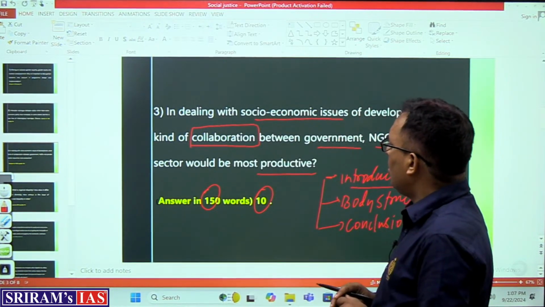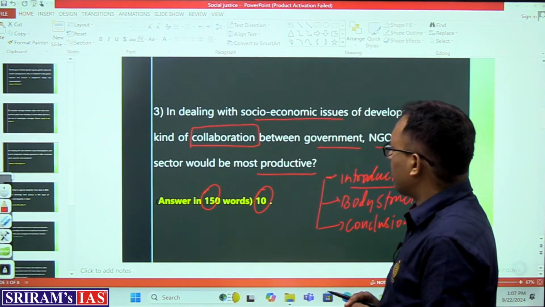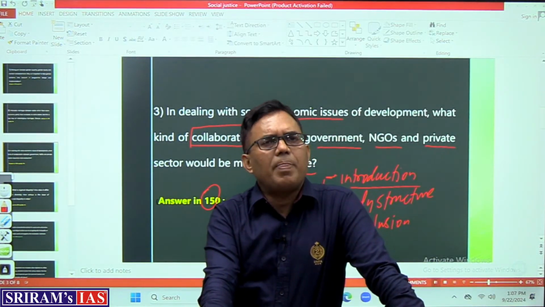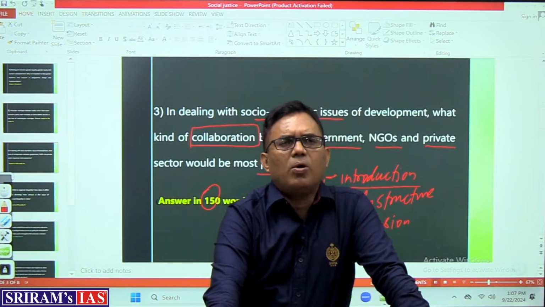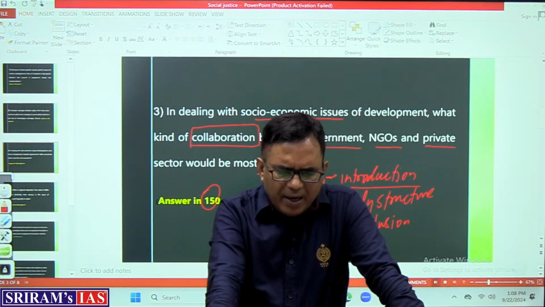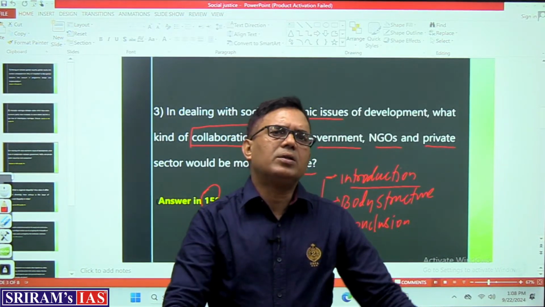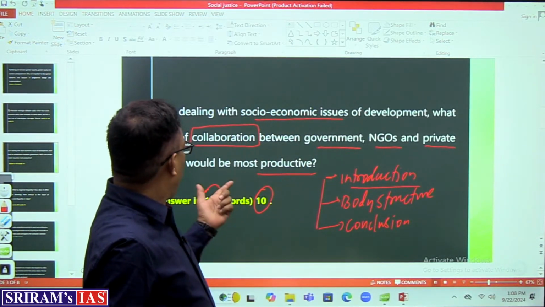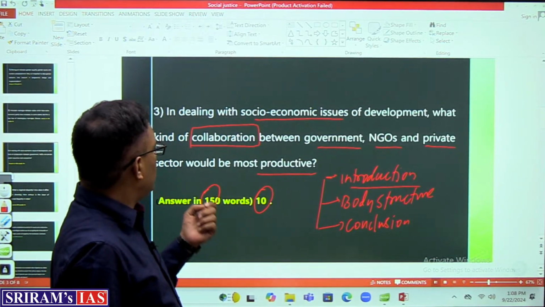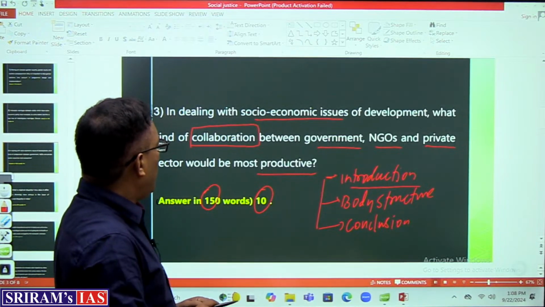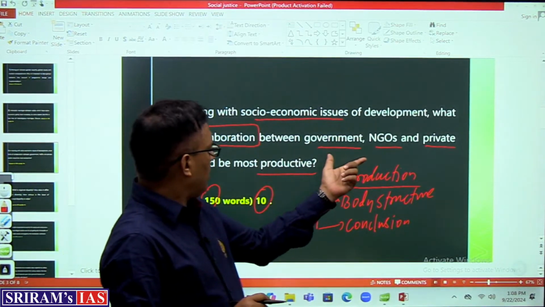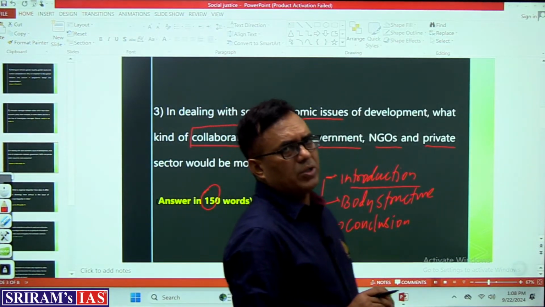Introduction part, again what is required? We can say here that there are multiple stakeholders in society, so multi-dimensional efforts are required to make socio-economic development effective, and for these multi-dimensional efforts their role is very important.